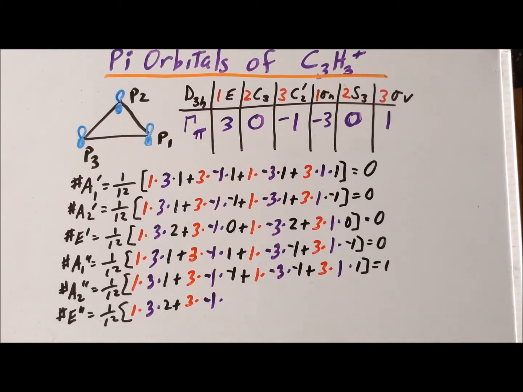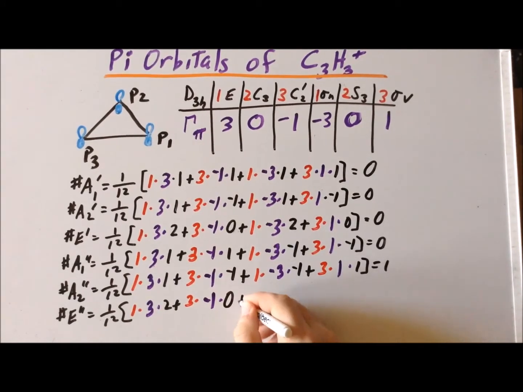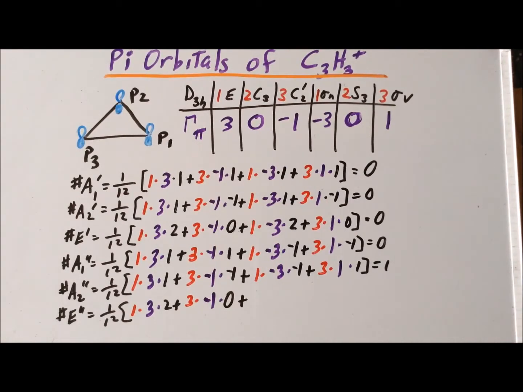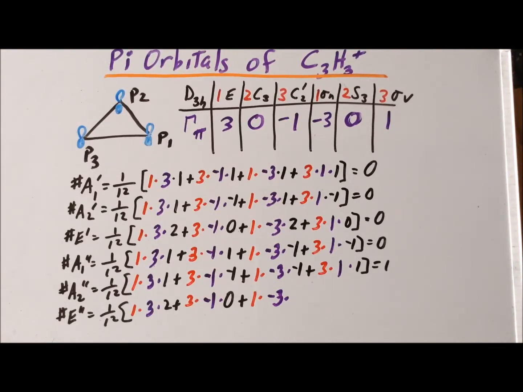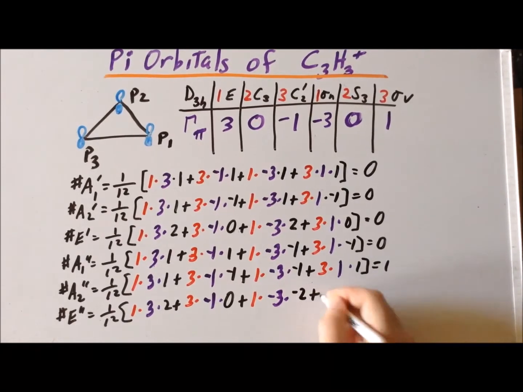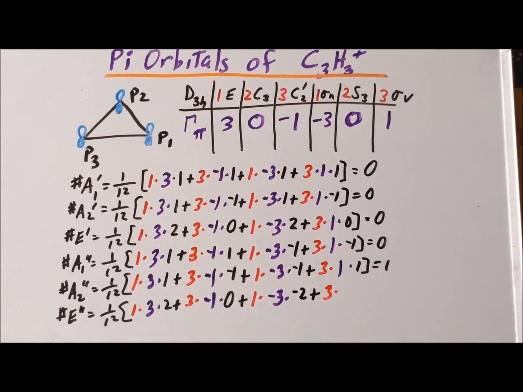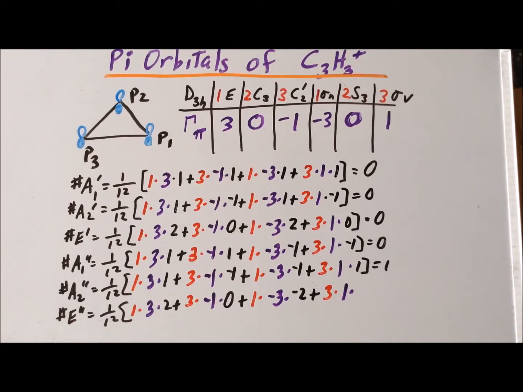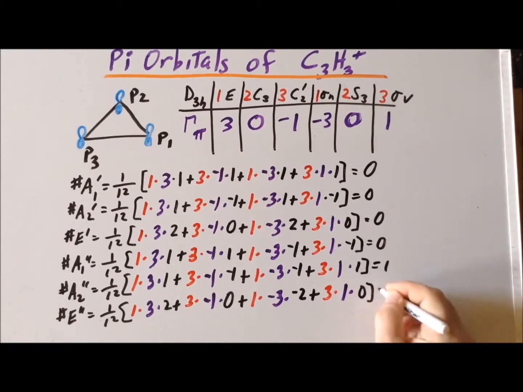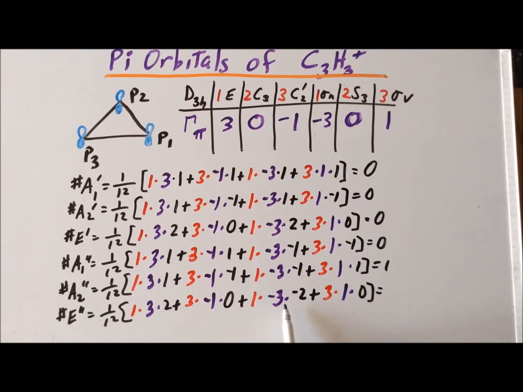The character for the irreducible representation is a 0 plus 1 times -3 times -2 for the character. And then the last term is 3 times 1 times 0. So we have 6 plus 6, 12, 1/12, so we have 1.